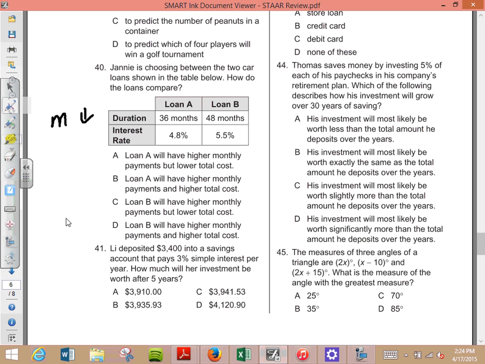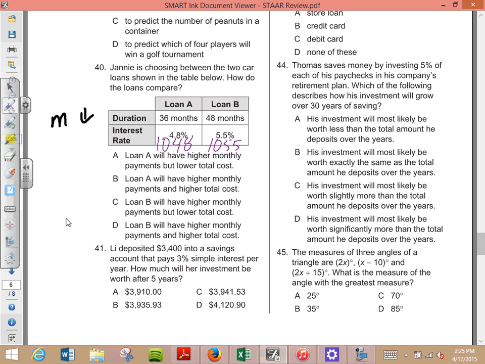It's A, for the following reason. If you were to use $1,000, for example, this would be 1,000 times 0.048. That gives me $48, right? That's the interest only. You add it to 1,000, so the total payment will be $1,048. This one will be $1,055. So you already know that the total cost of A is actually lower than B. The other portion is the monthly payments.